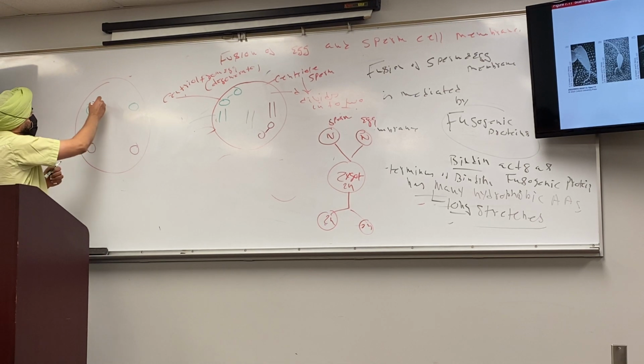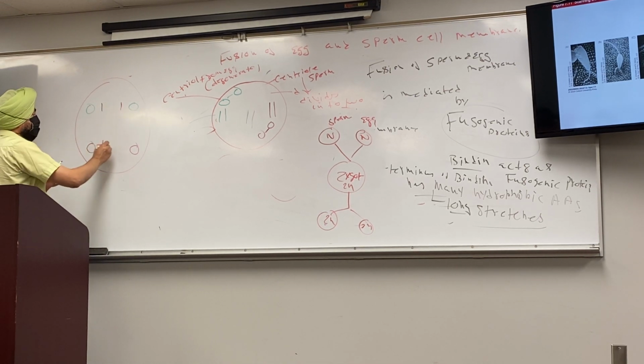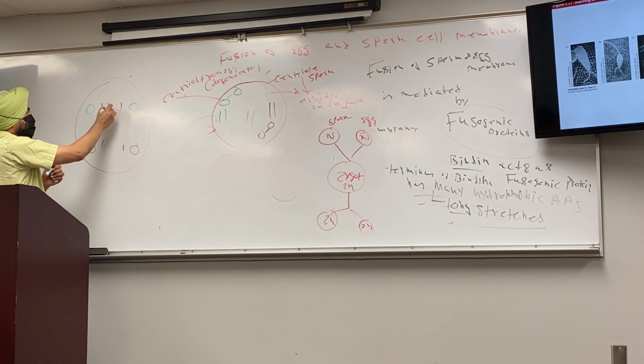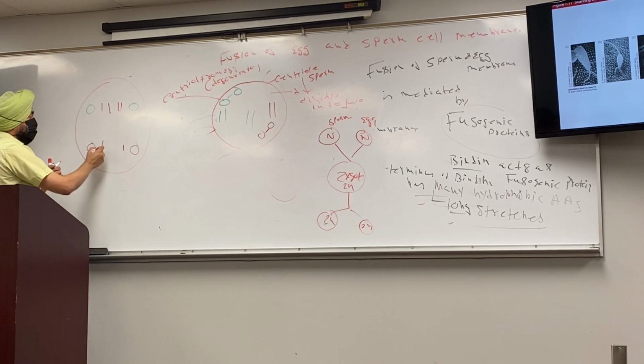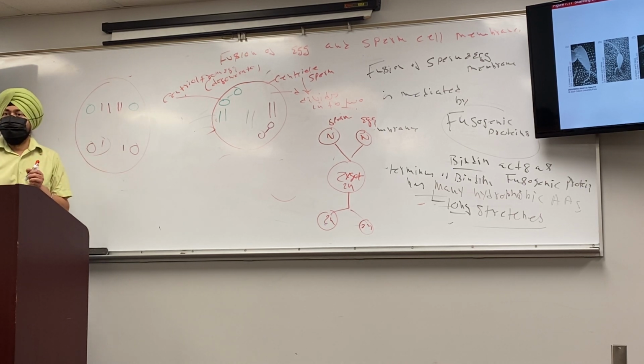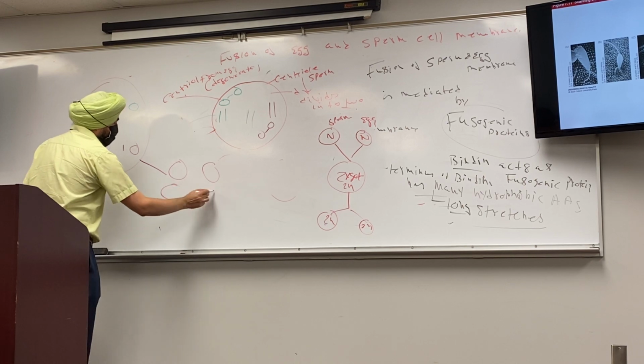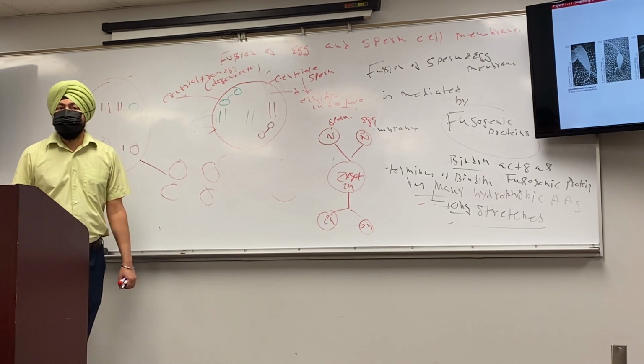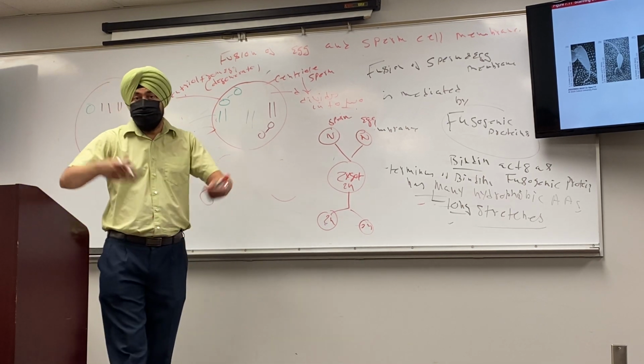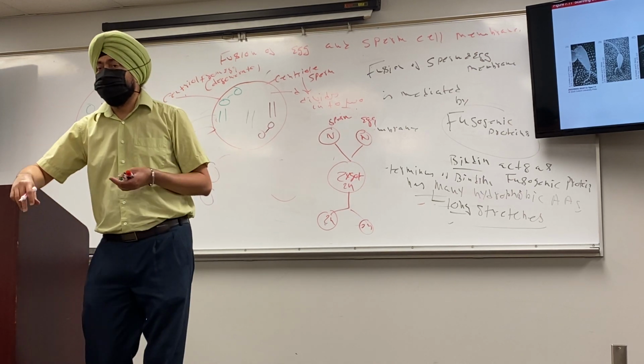So 4 cells will be formed. One might have two chromosomes, one might have only one chromosome. Right? So from one cell, 4 cells will be produced, and they will all have different numbers of chromosomes. Or 2 may have the same, 2 may have different.